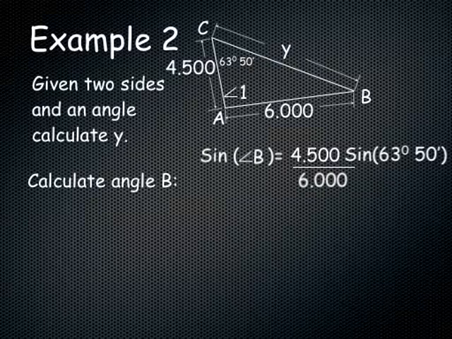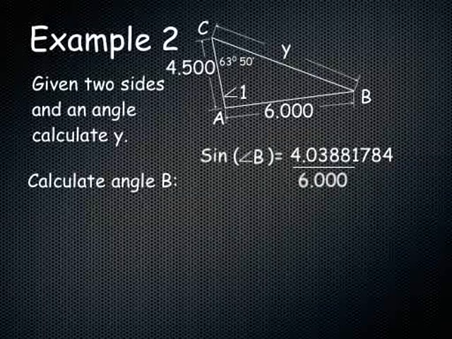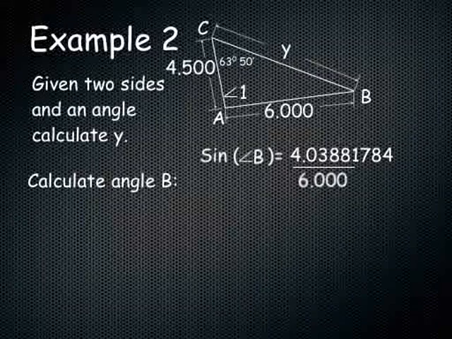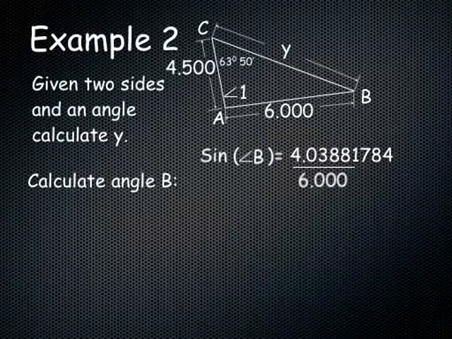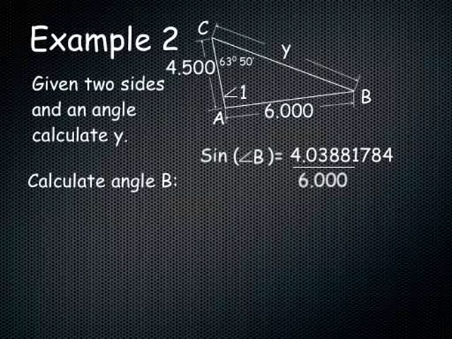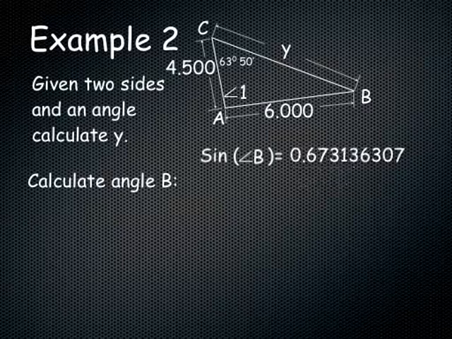So the sine of B will be equal to 4.5 times the sine of 63 degrees 50 minutes, or 4.03881784, divided by 6.000. And we find that that's 0.673136307.